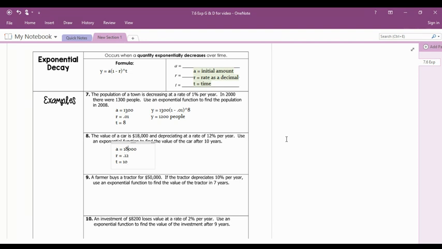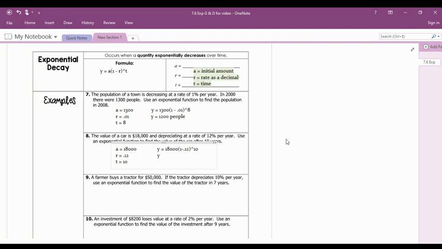So put those into our formula. Y equals 18,000 times 1 minus 0.12 to the 10. All right.